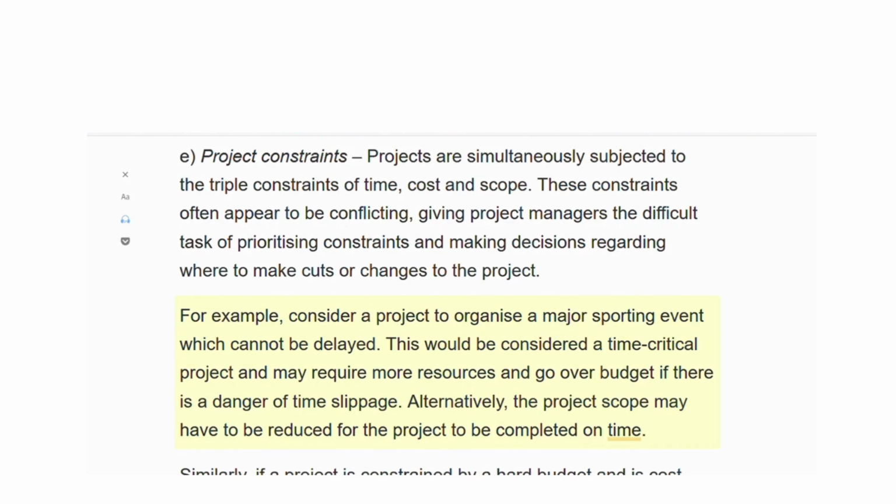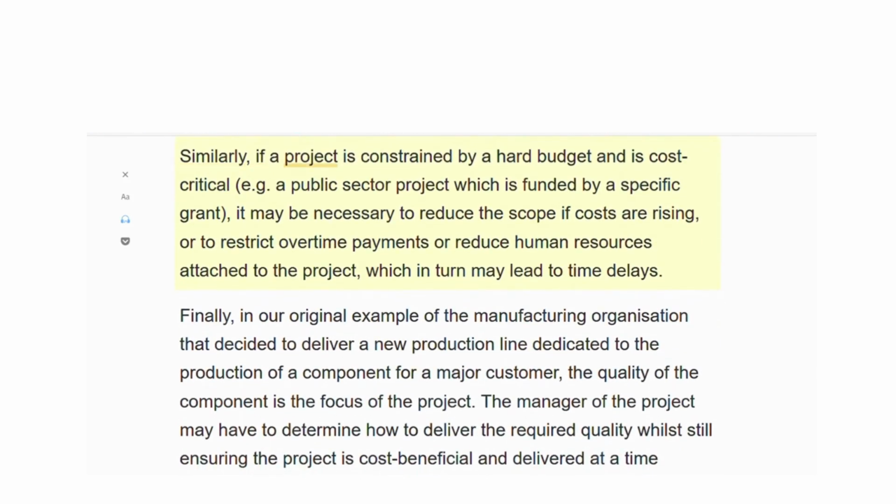Similarly, if a project is constrained by a hard budget and is cost critical, e.g. a public sector project which is funded by a specific grant, it may be necessary to reduce the scope if costs are rising, or to restrict overtime payments or reduce human resources attached to the project, which in turn may lead to time delays.